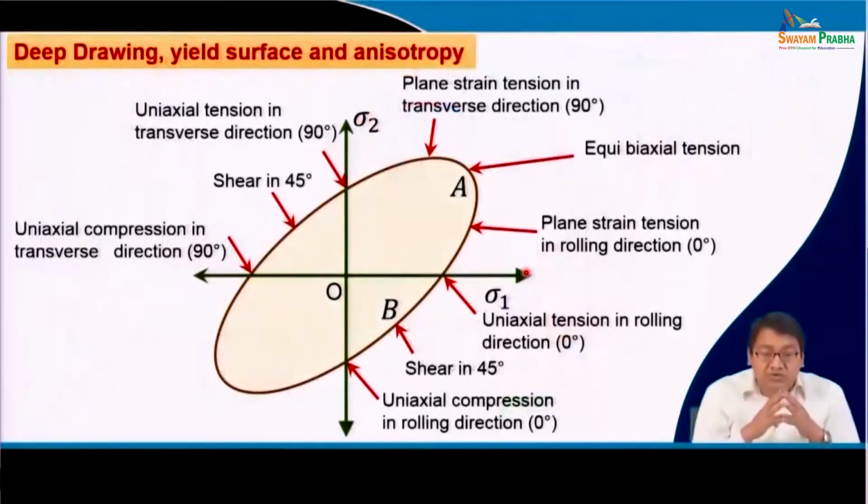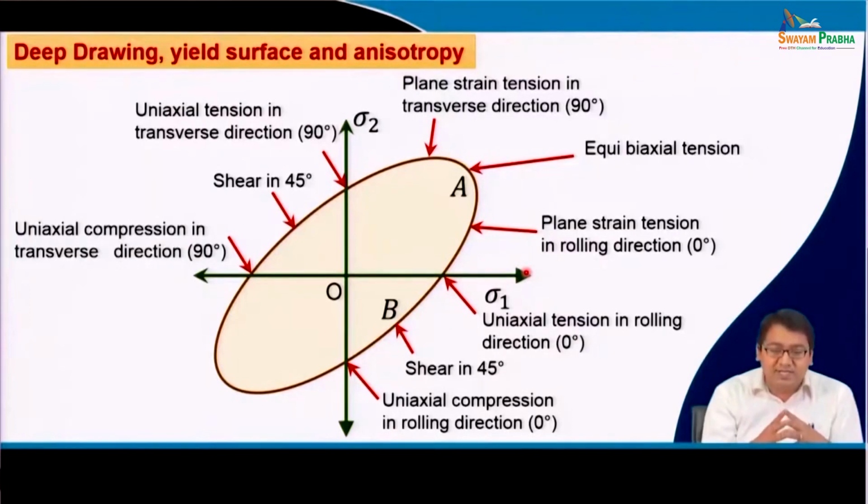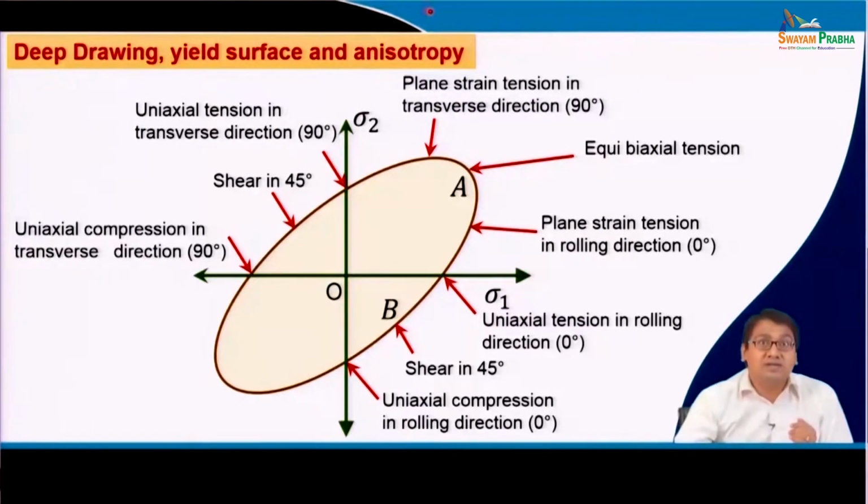Now, when we consider deep drawing, we should always realize that it is related to the yield surface and anisotropy, and the anisotropy can be utilized to improve the deep drawing operation. If we look into the yield surface of a material, where the x axis is sigma 1 and the y axis is sigma 2, this area is basically the tensile area for both sigma 1 and sigma 2.